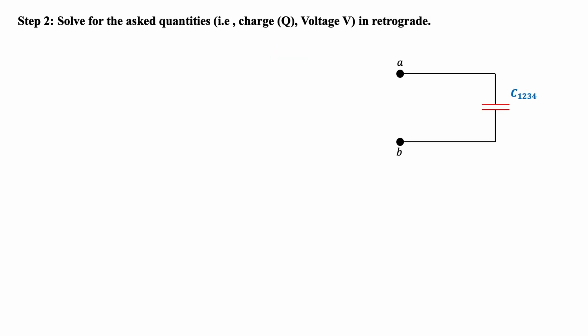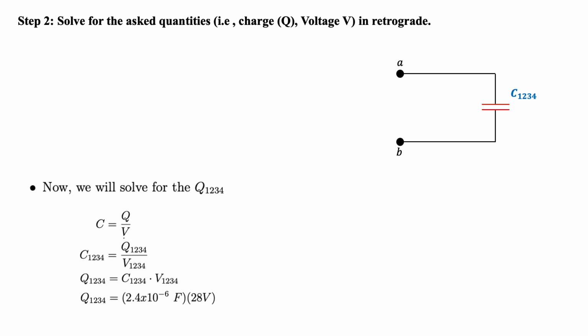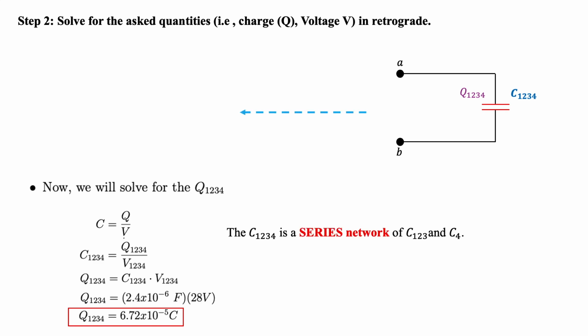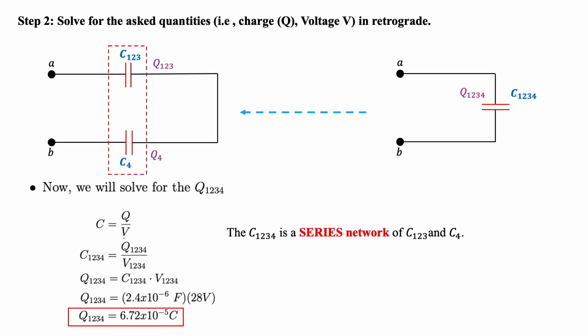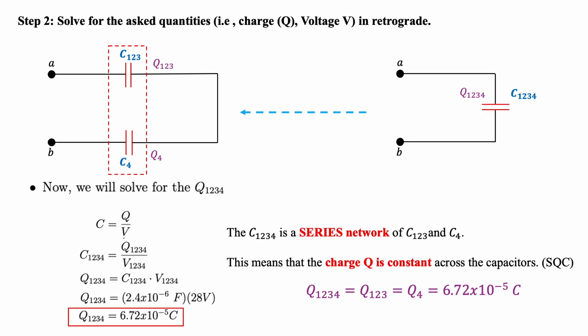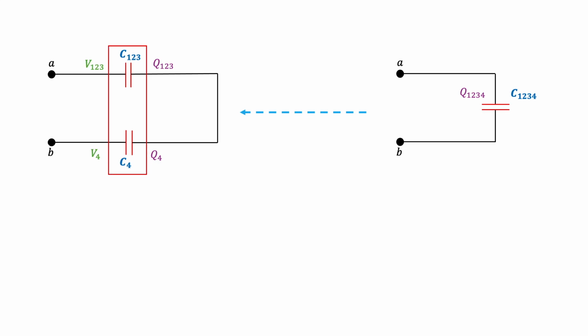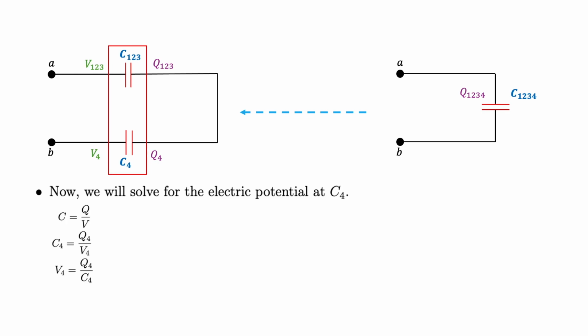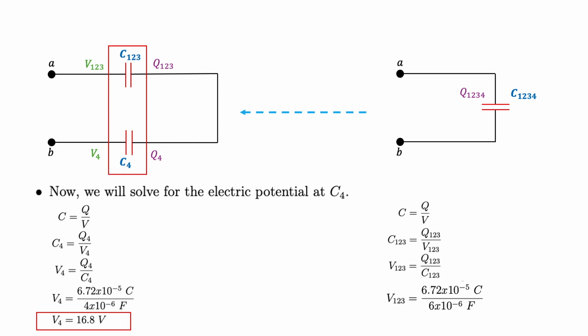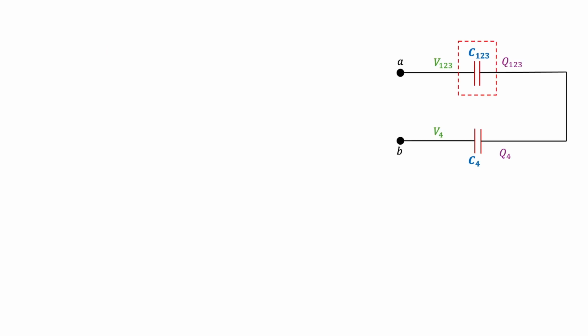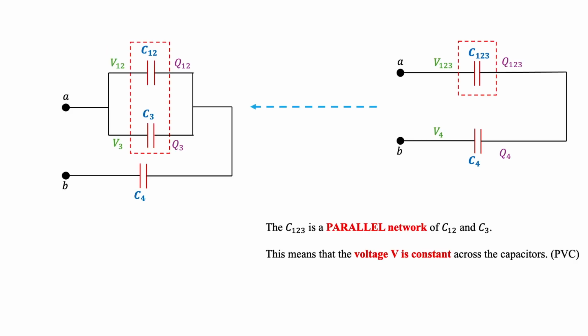So from here, you solve for Q, and you can solve for the charge there. And then once you know that, you realize that this connection is just series. So what are the implications of that? And again, after working with this, you break down further the capacitor 1, 2, 3 into capacitors 1, 2 and 3.